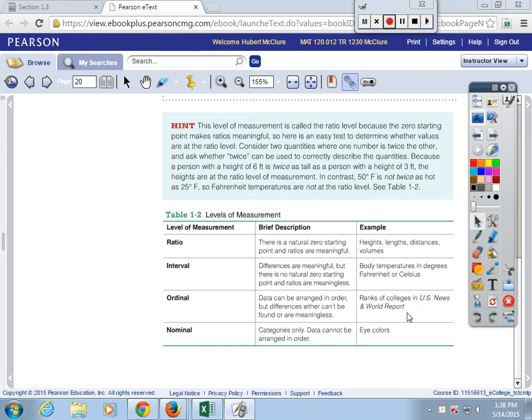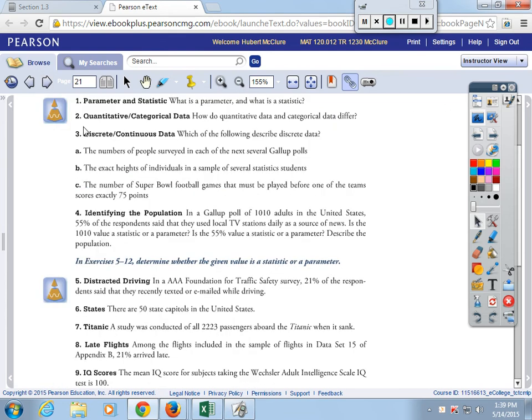Ranks of colleges, ordinal. Anything in order would be ordinal. And nominal would be pretty much any of these. So, eye color. The only thing I want you to know is the level of measurement and maybe an example. I don't usually put those on the test anyway. But that's on page 20.